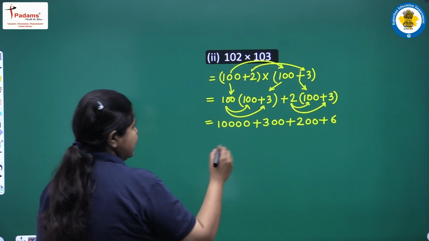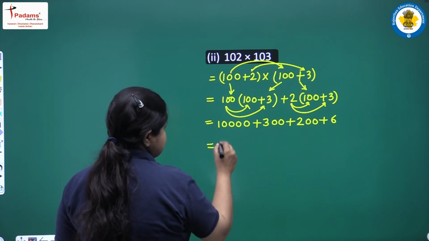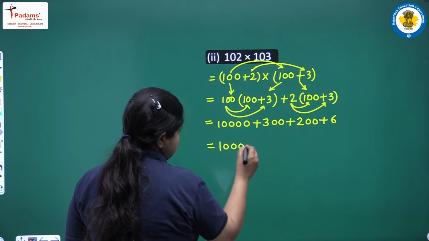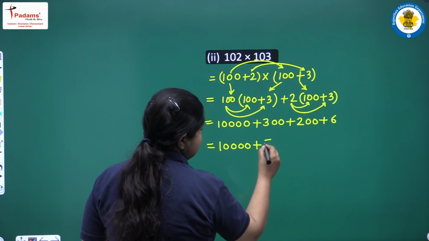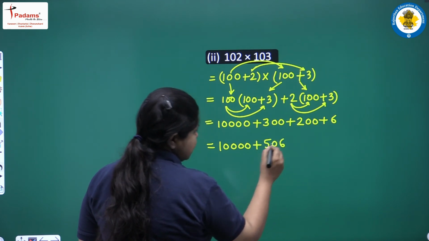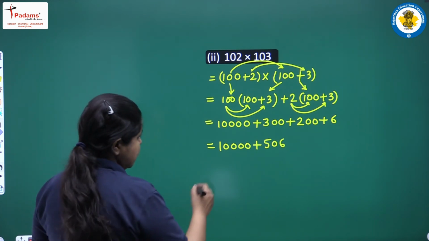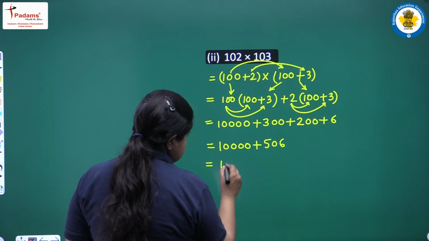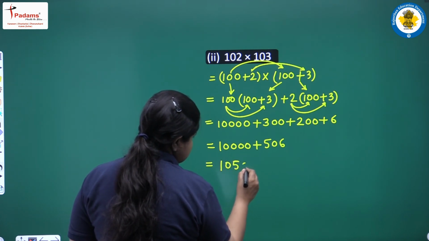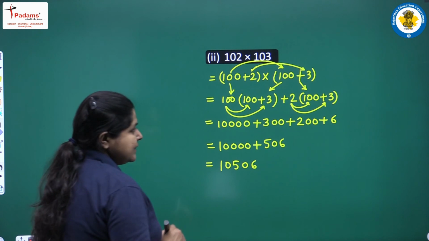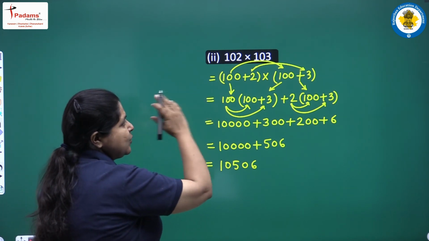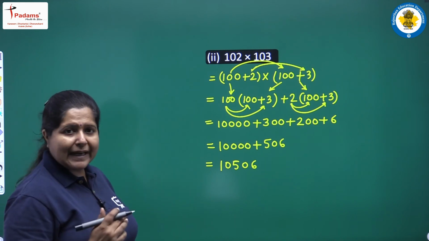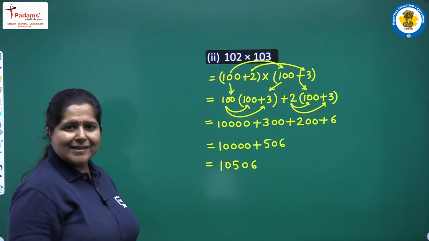Now add all the 4 terms. You will get 10,000 plus 300 and 200 will be 500 and plus 6, 506. Again add the two numbers. 10,506 is the answer. So we have multiplied these two numbers by using their expanded form and brackets, and then we have got this answer.